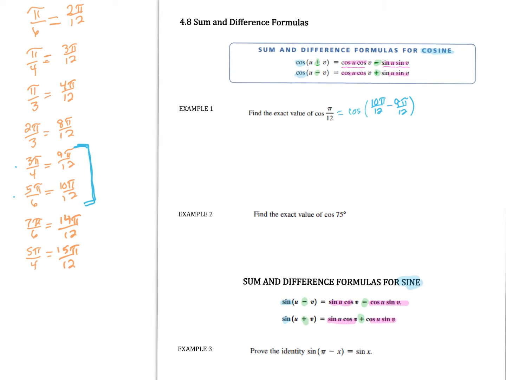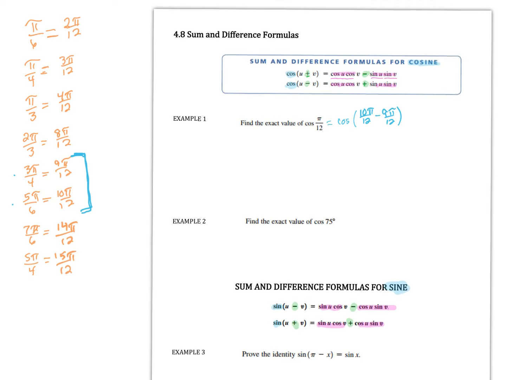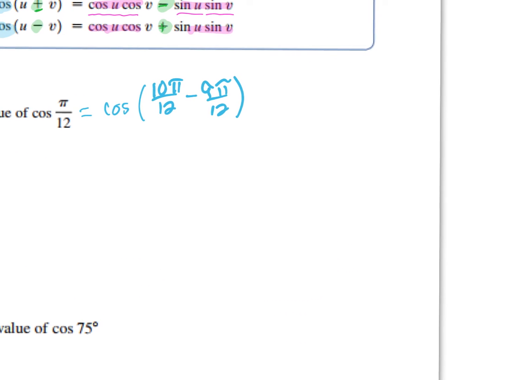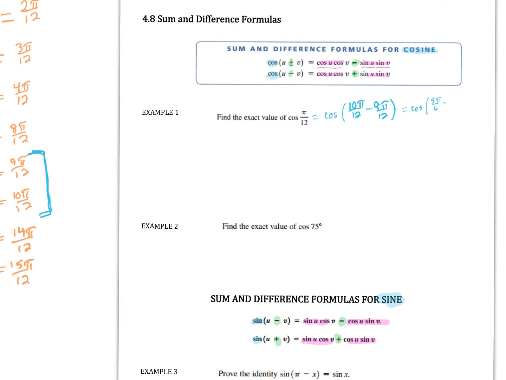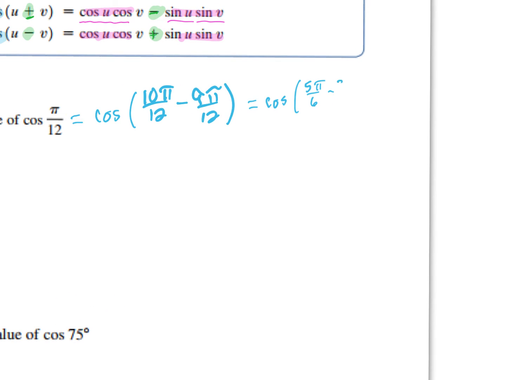Besides writing that, because we're about to go to our handy-dandy unit circle and look at what these values are, it's going to be easier for us to see and figure out what these values are if we also write this using our reduced form of our radian measure. So besides that 10 pi over 12, let's think about that now as our 5 pi over 6 minus our 3 pi over 4. Do you see that?